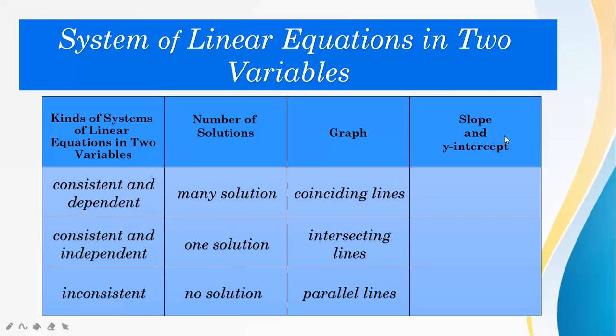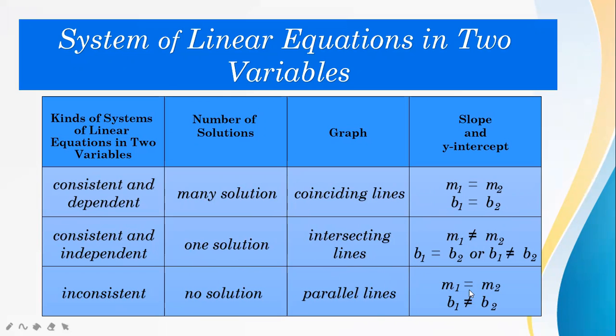So how about the slope and the y-intercept of a consistent and dependent system? The slopes are equal and your y-intercepts are also equal. So everything is equal, slope and y-intercept. While for consistent and independent, the slopes are not equal, but the y-intercepts can be equal or not equal. Next, we have the inconsistent system.